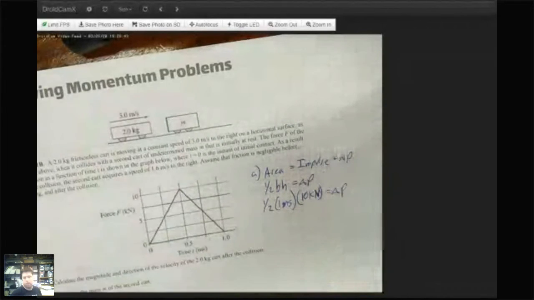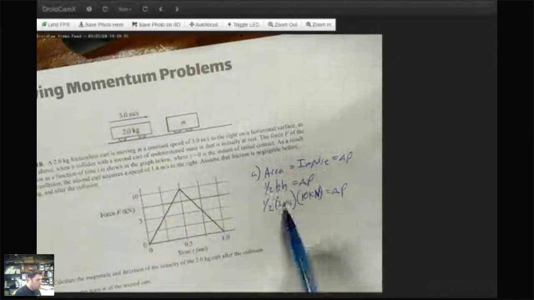millisecond. Let me get my units in there. And the height is 10 kilonewtons. And that must be my delta P. All right, so we go through. Now, let's see.